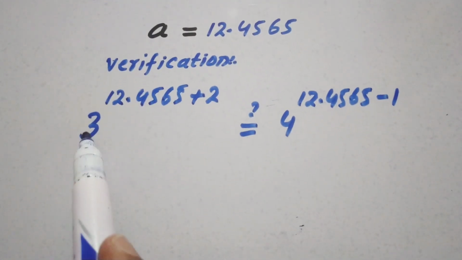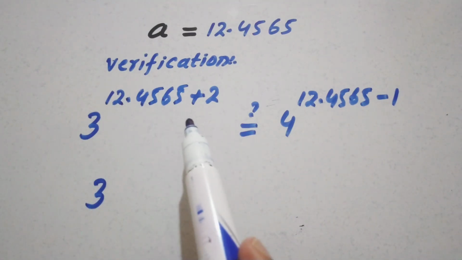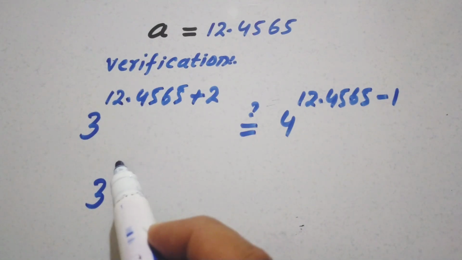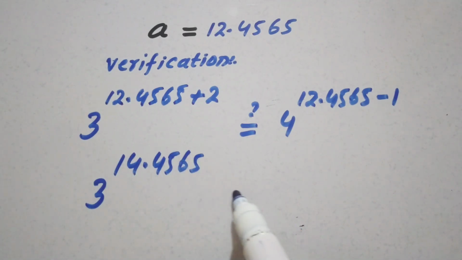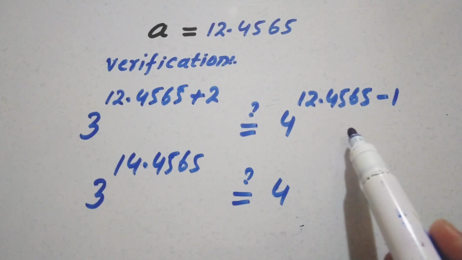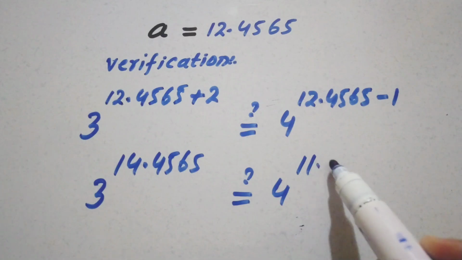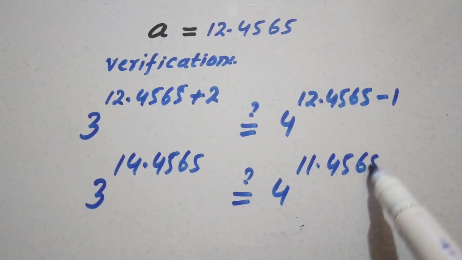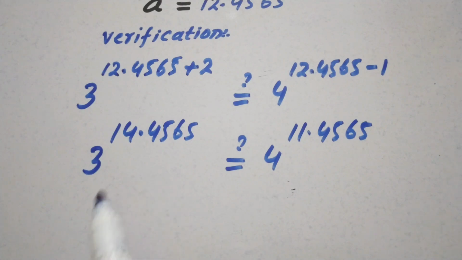So this will become 3 power 12.4565 plus 2, we get 14.4565, and at the right hand side we have 12.4565 minus 1, we get 11.4565.